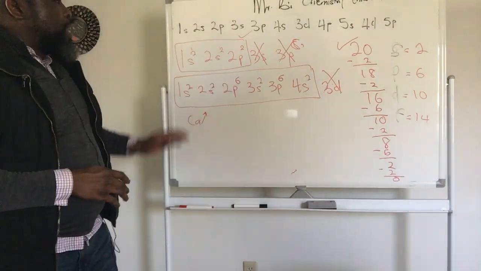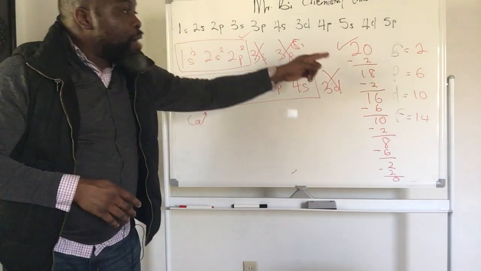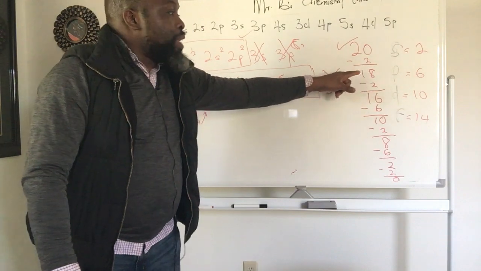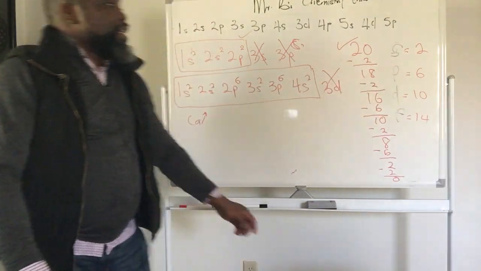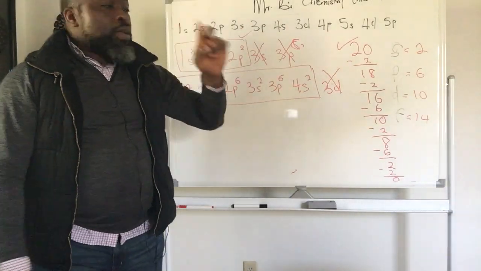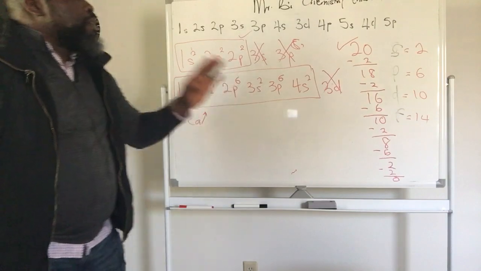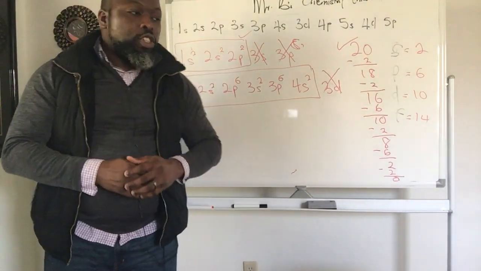Then you start going to each level and seeing how much S can take, the maximum electrons P can take, maximum D can take, and maximum F can take. Remember, S can take 2, P can take 6, D can take 10, and F can take 14. So that is how you get your configuration done.